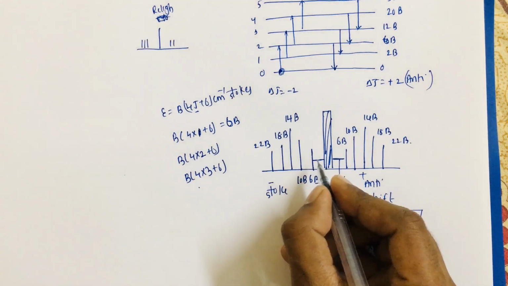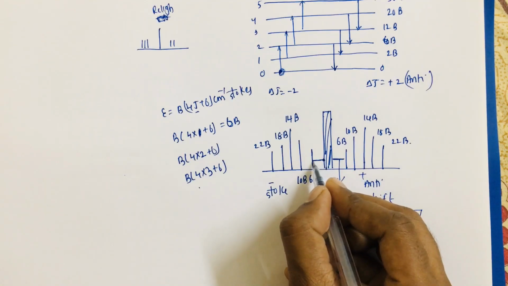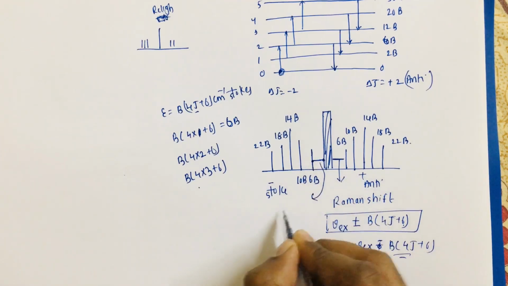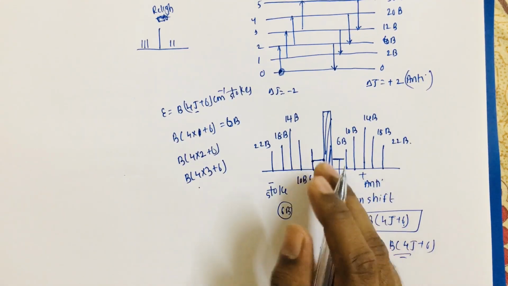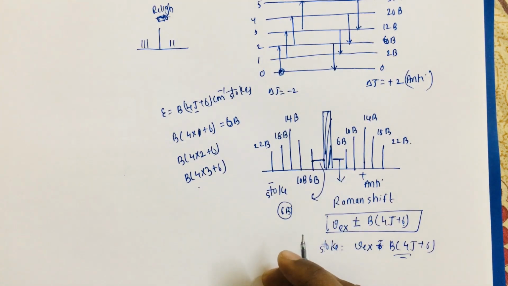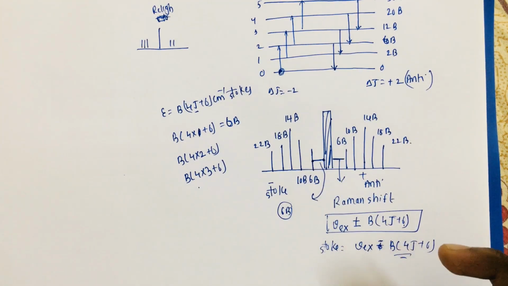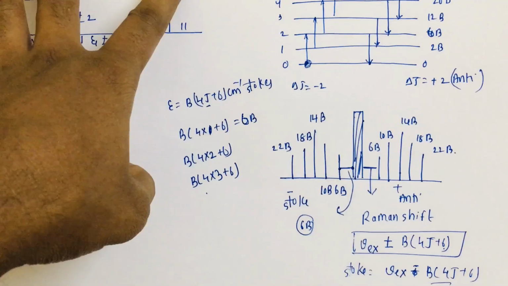And the difference between the Rayleigh line and the first line will be 6B. Many problems have been asked on the basis of this, so we will solve those problems later. Till now we spoke about the linear molecule. Now we'll speak about symmetric top molecules.